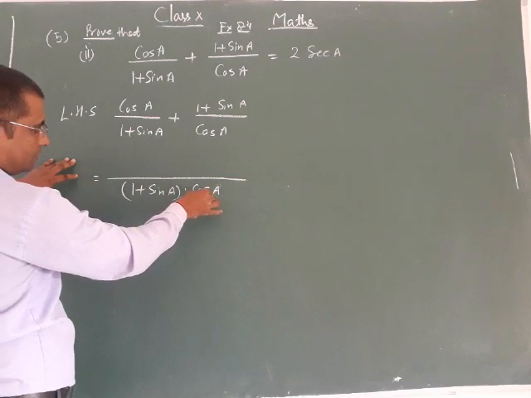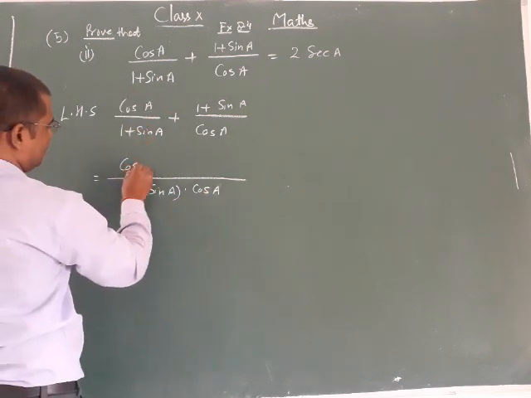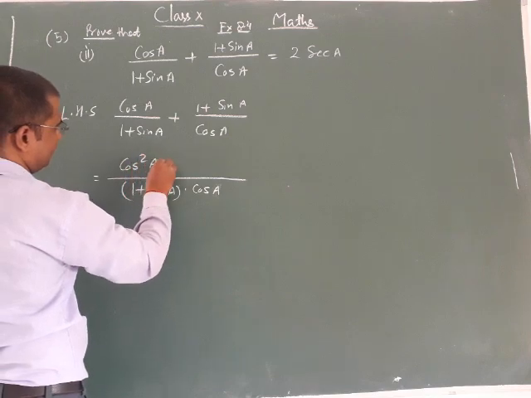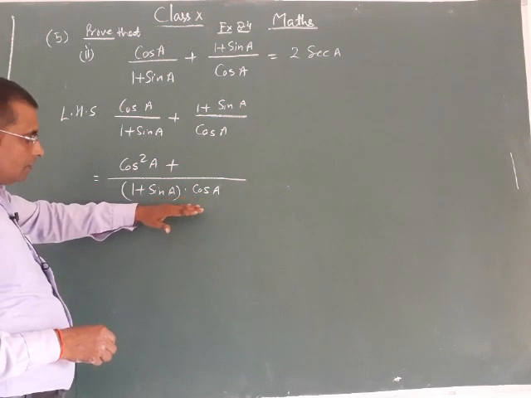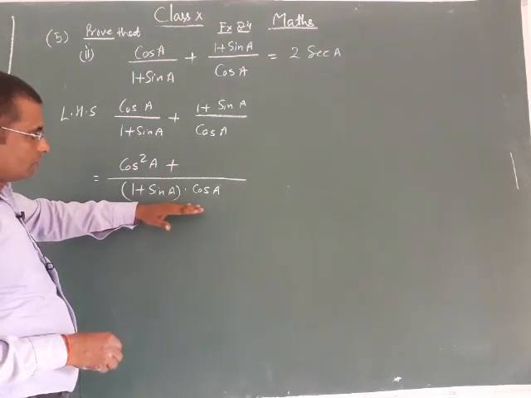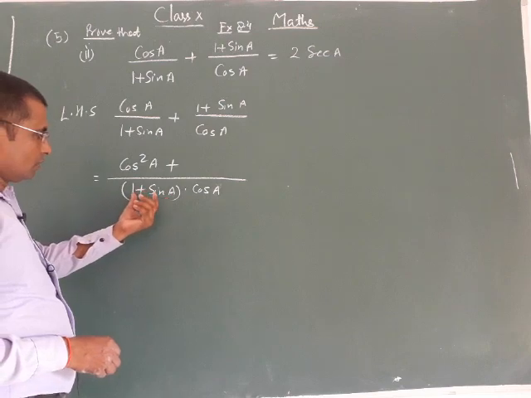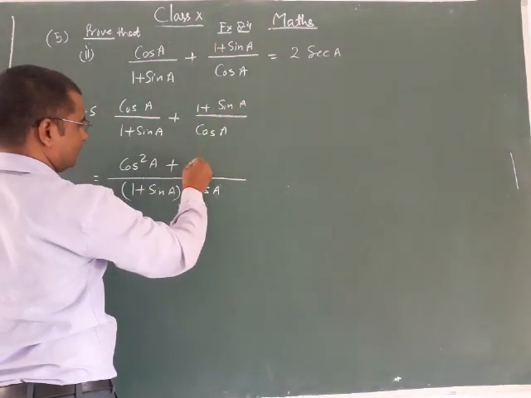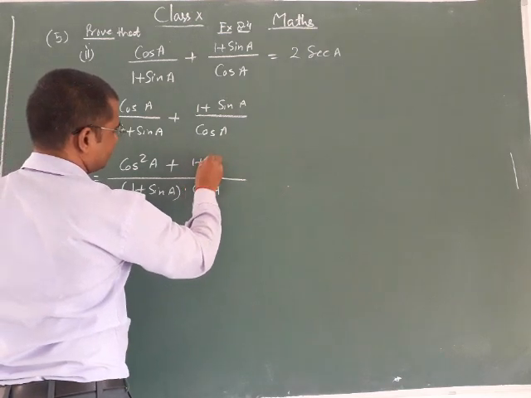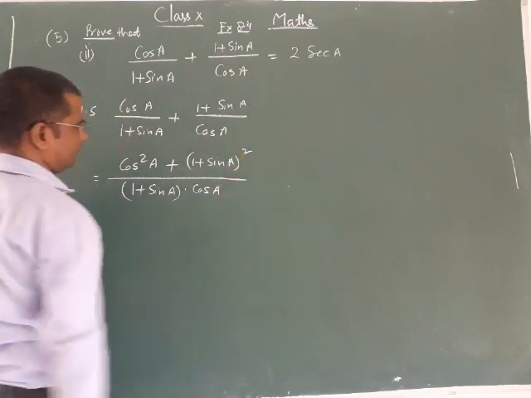So, rest cos A multiplied by cos A, so cos square A, plus also cos A divides this, so cos cancels out. So, remaining 1 plus sin A multiplied by 1 plus sin A. So, we get (1 plus sin A) whole square.